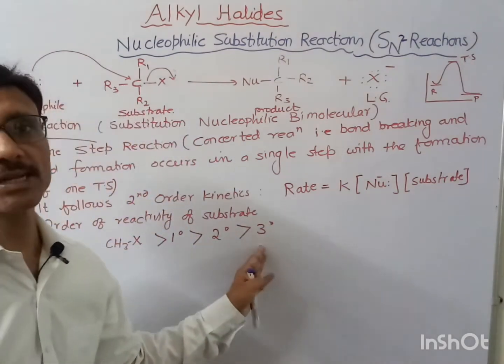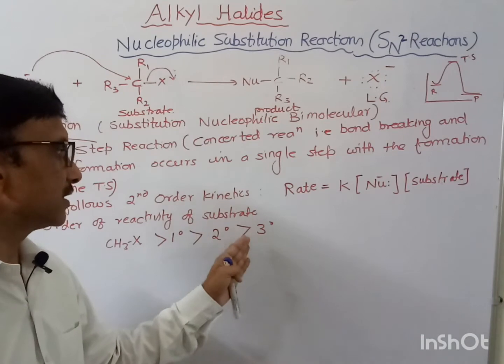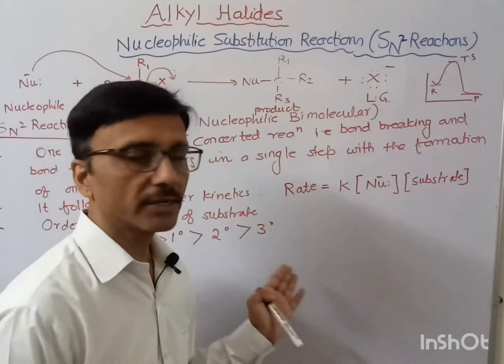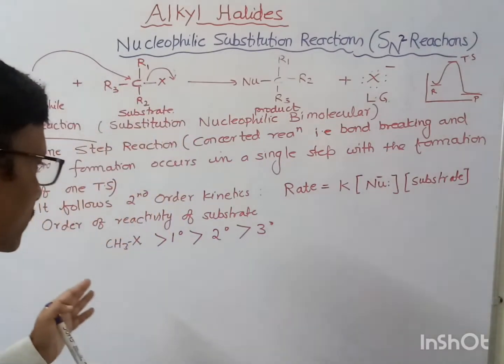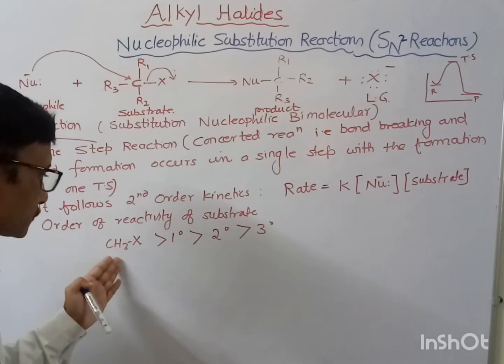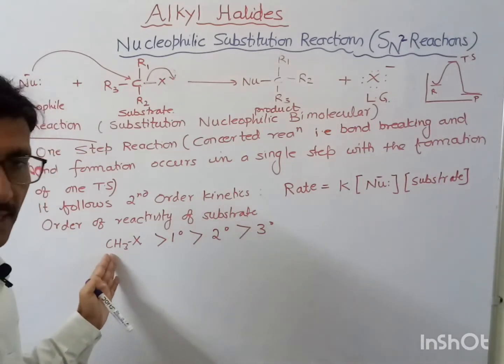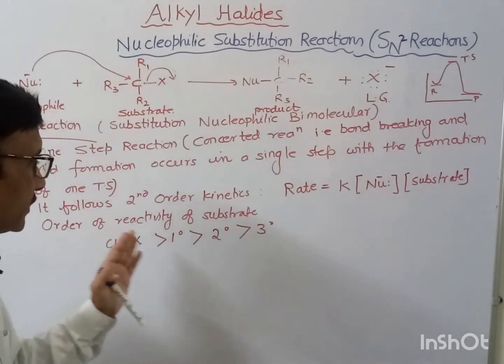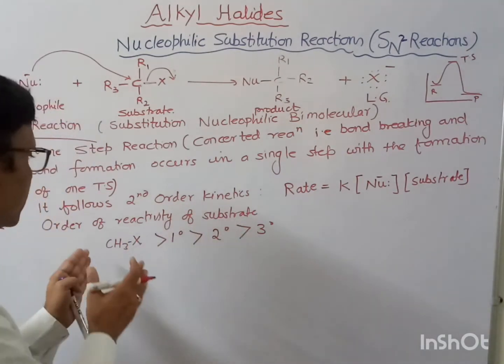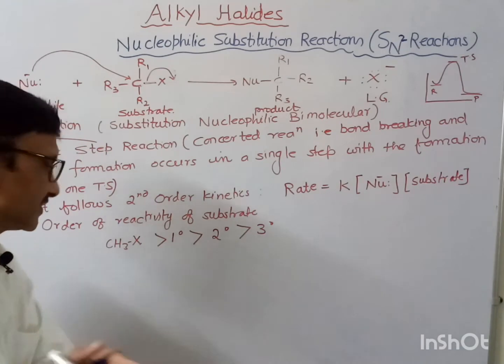So tertiary alkyl halide is the least reactive, or it will not react with any nucleophile, whereas methyl halide is the most reactive one, then this one, then this one. The factors for why, I will discuss with examples.